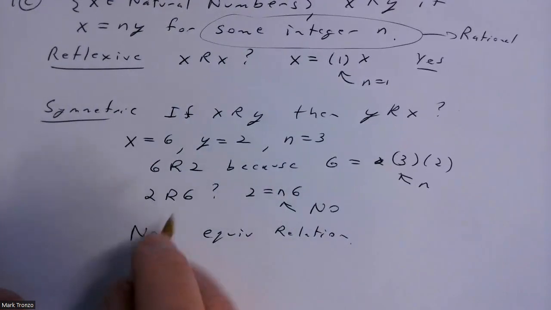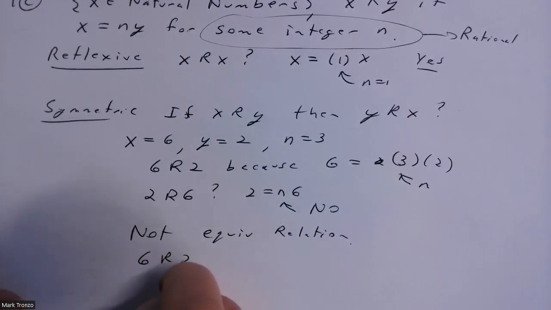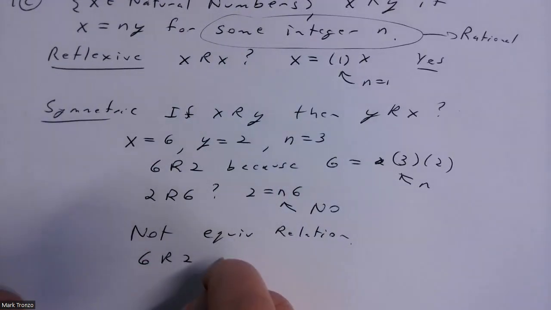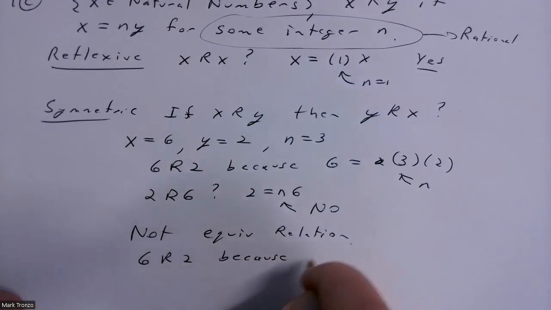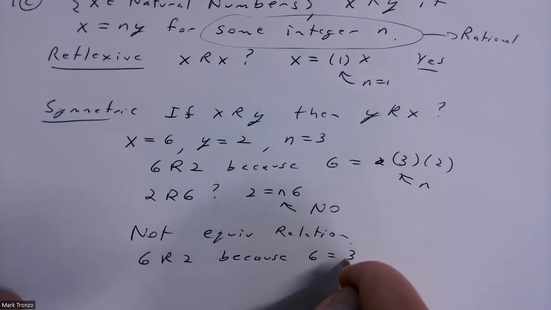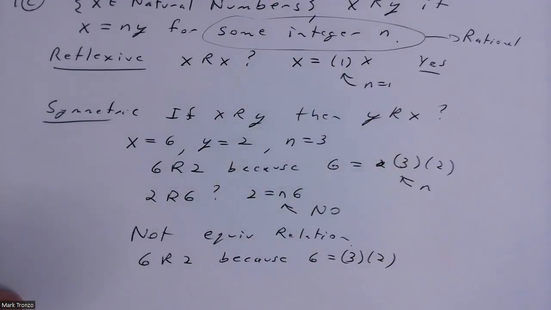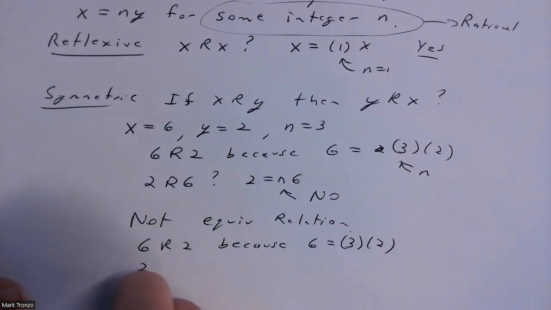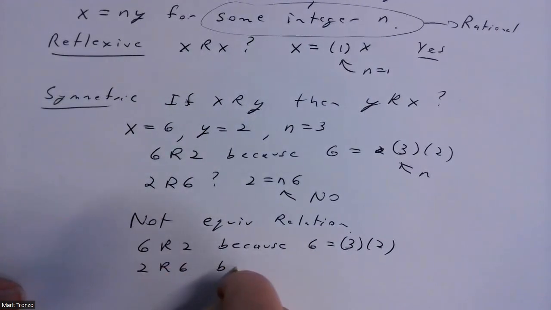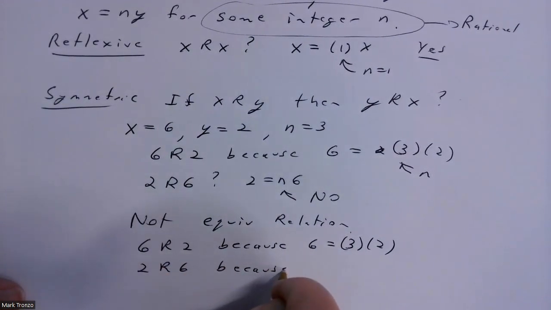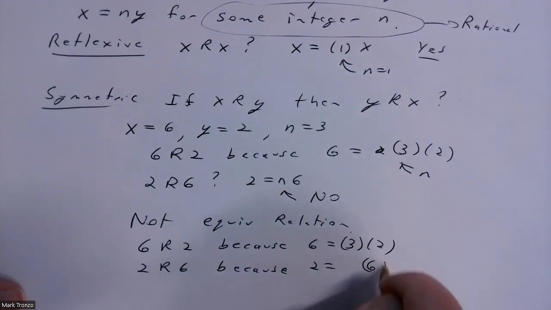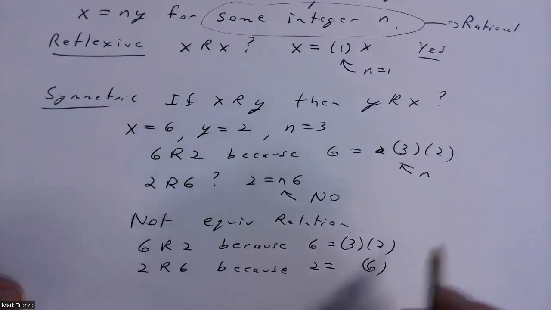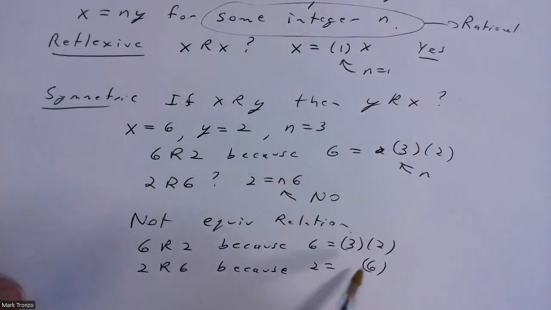Because we could say that 6 is related to 2, and then we could say 2 is related to 6 because 2 is equal to 1/3 times 6. So if you're allowed to use rational numbers, then we could do 1/3, huh?